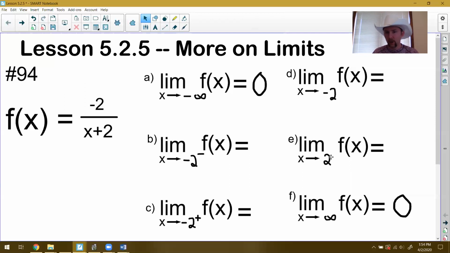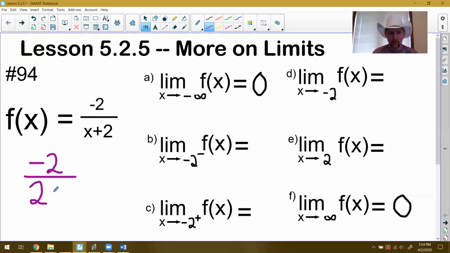So for example, if we work back to letter E in number 94, it says x approaches 2. So if x is approaching 2, and I plug that value into this function f of x, I get negative 2 over 2 plus 2, because I replaced the x with the 2. And negative 2 over 2 plus 2, well, that's negative 2 over 4, which is just a fraction, which can be reduced, okay?